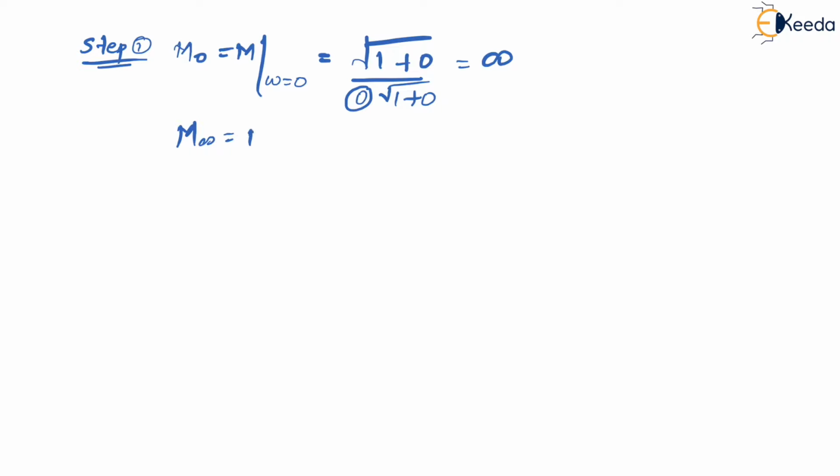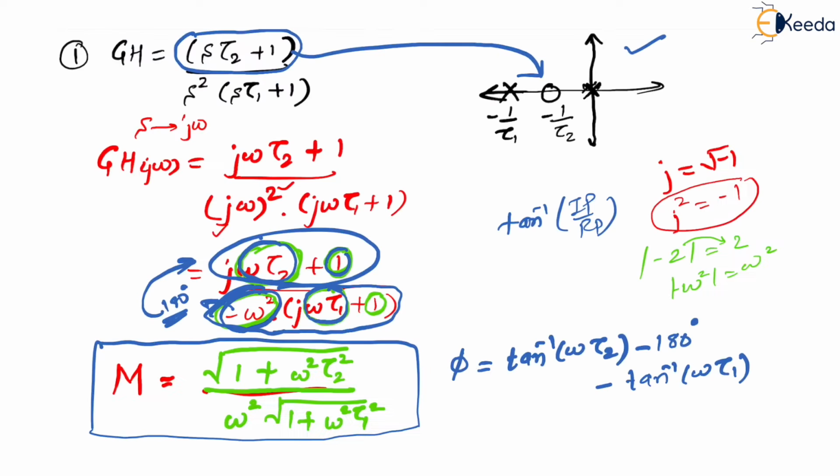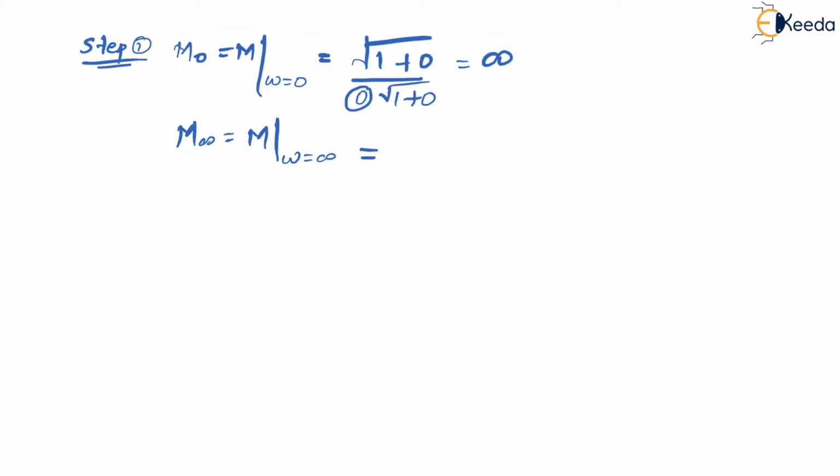What about M infinity? M infinity is M at omega equal to infinity. What does that mean? If you replace that in this equation of magnitude, what you get is under root of 1 plus infinity divided by infinity into under root of 1 plus infinity.